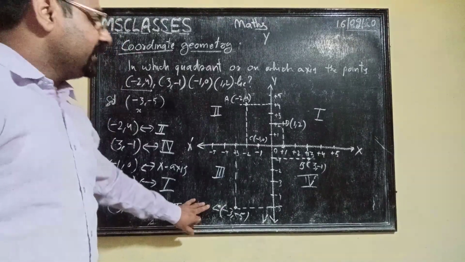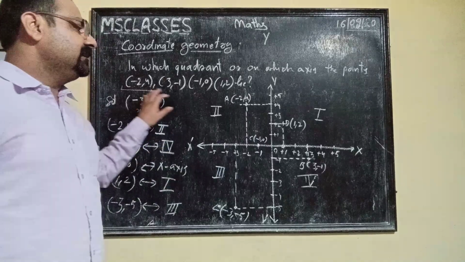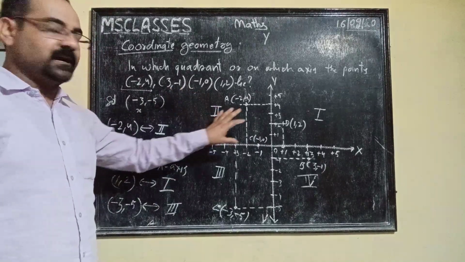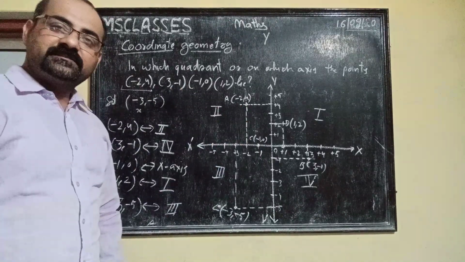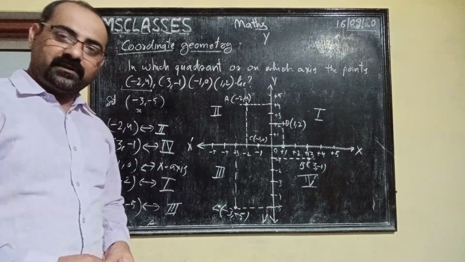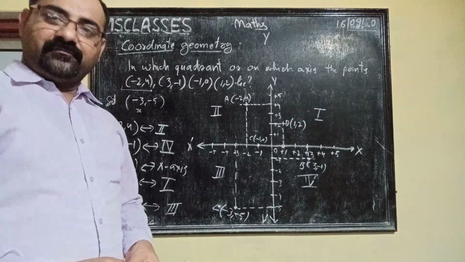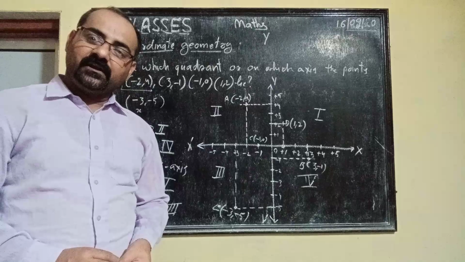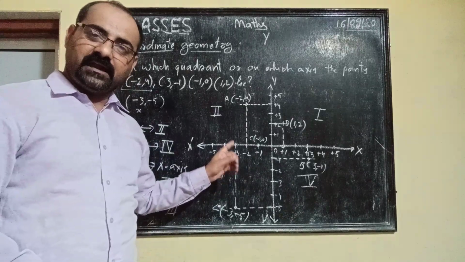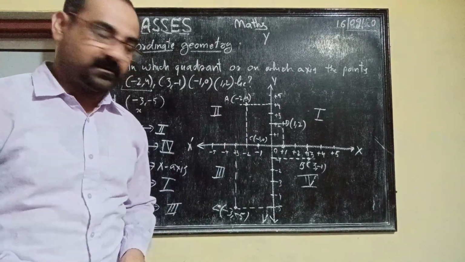So guys, you have to represent all points on the Cartesian plane. So this is your question and this is your topic. I hope you have understood the topic and try to solve the same type of question at home on graph paper, right?